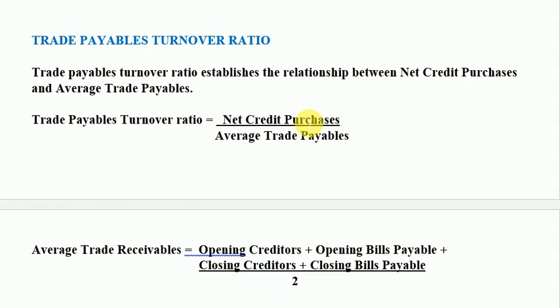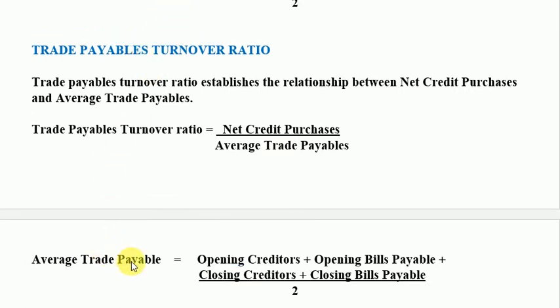If in your question you have the total purchases, then you need to subtract the cash purchases out of the total purchases to arrive at net credit purchases. And yes, if you have purchases return, you need to subtract it, and then only you arrive at net credit purchases.